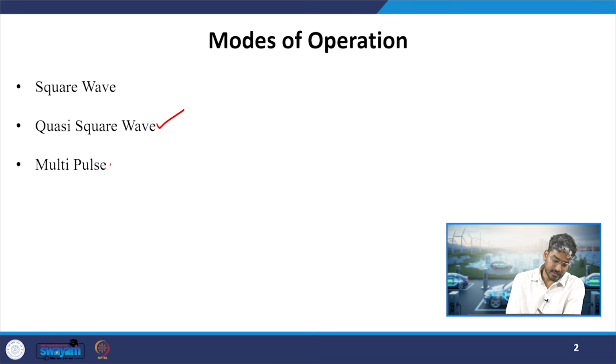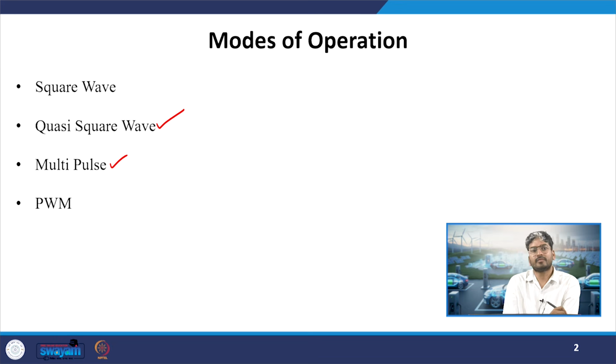Then we saw multipulse. This addresses the limitation of quasi square wave, that it has a high amount of harmonics. In multipulse we get relatively fewer harmonics and we are able to regulate the output voltage also. But what if I want to eliminate the harmonics such that we do not require any additional filters?